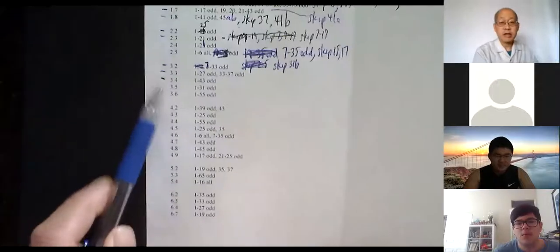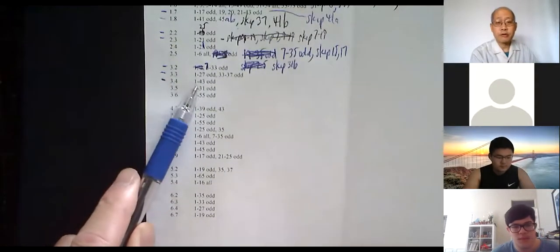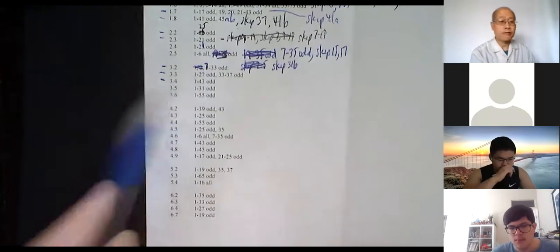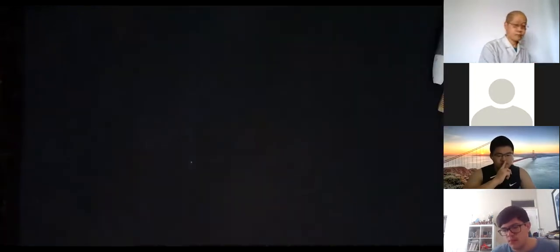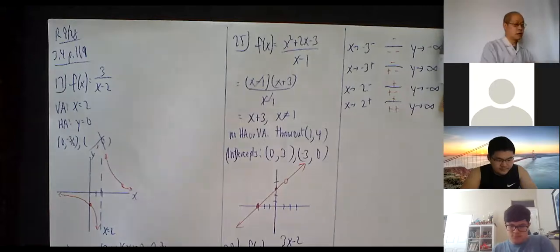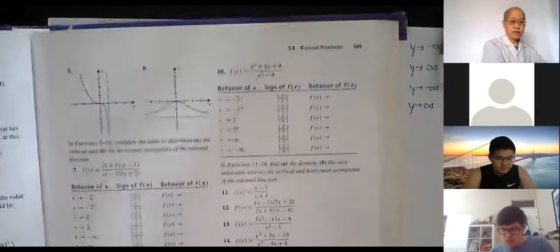And looking again at our assignment, so we are right here, 3.4. Okay, so I'll do some more problems from 3.4, and let's see how far we get. Right, so 3.4, page 169. So we are trying to do more of this kind of stuff.